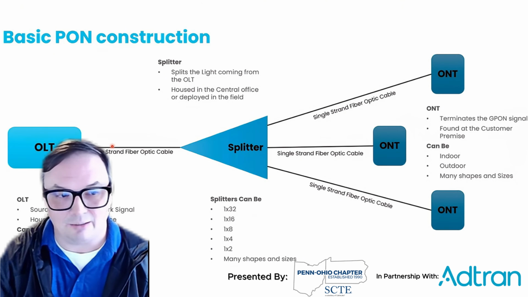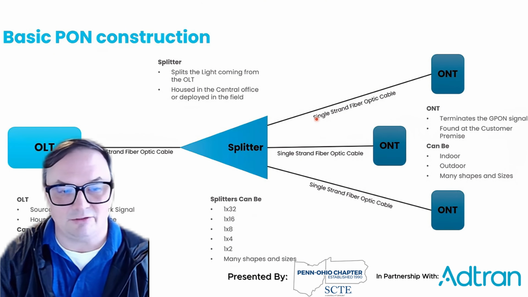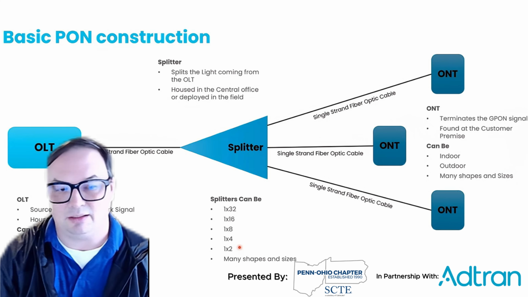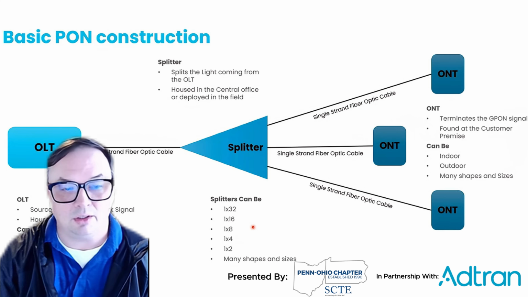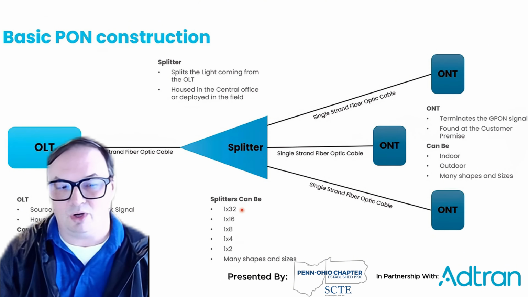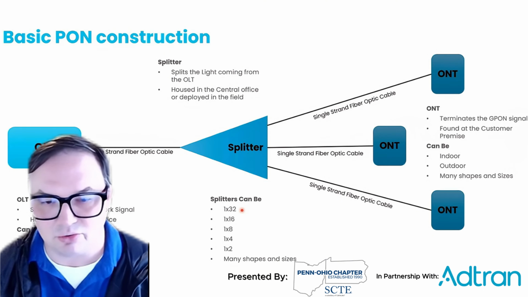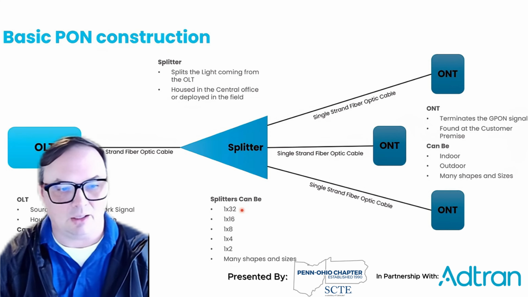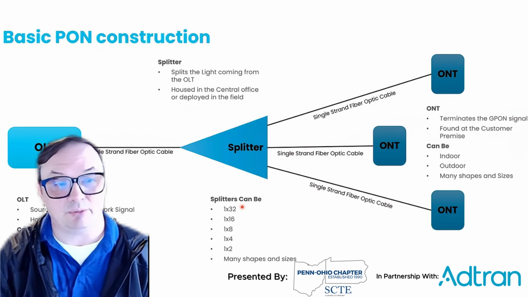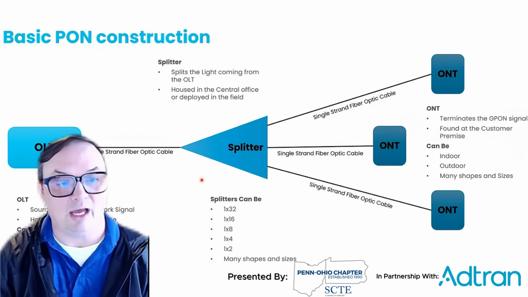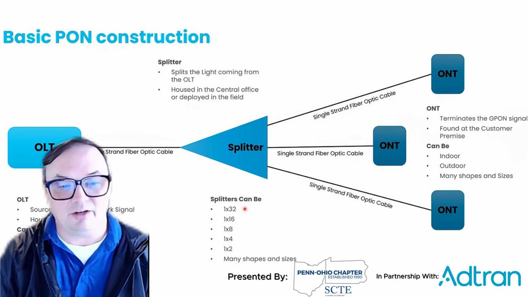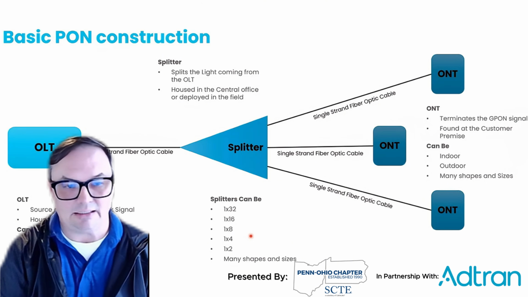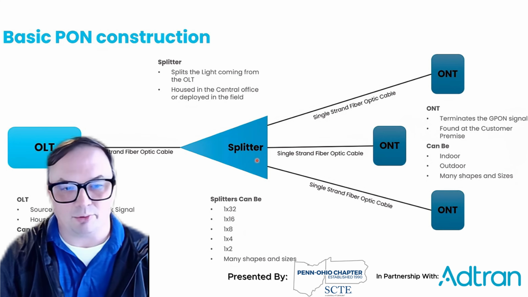I come in with one fiber and then I leave with, it could be 1x2, 1x4. Eventually, though, we want to get it up to 1x32. That's kind of the standard that gets used in North America. But those split ratios can change even beyond that, and I've got a slide that'll go through that. So a lot of variation here on what that actual product looks like.